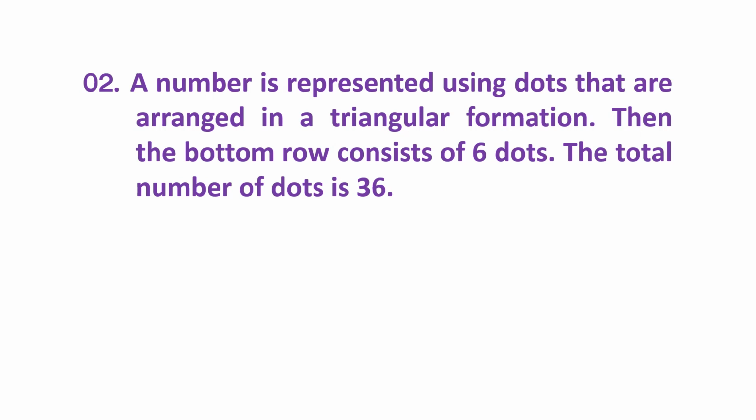So, if the bottom row consists of 6 dots, that means we can easily find the value of the triangular number by adding 1 plus 2 plus 3 plus 4 plus 5 plus 6. When you add all these together, you get the value 21.